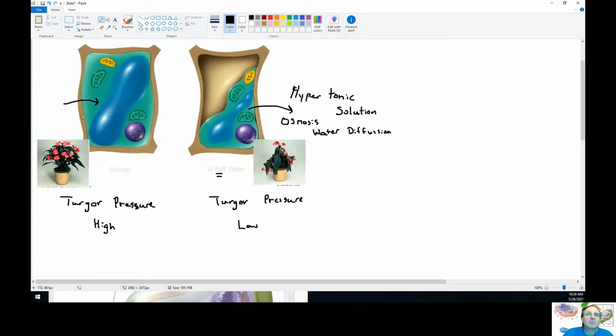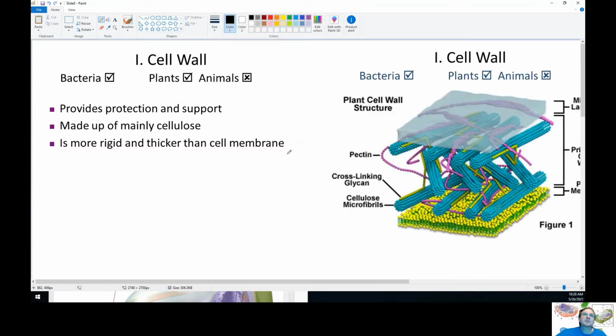So next, let's talk about that cell wall that the water is going across. Again, a big difference. Well, it is wood, cellulose. So the cell wall provides protection and support. Maybe pause and take some of these notes on the screen here, because you want to be writing, you want to be ingraining it into your brain.